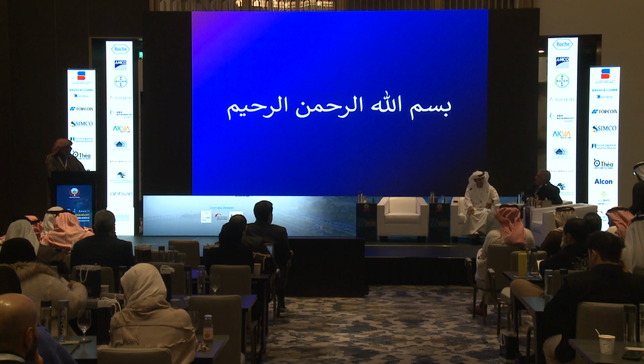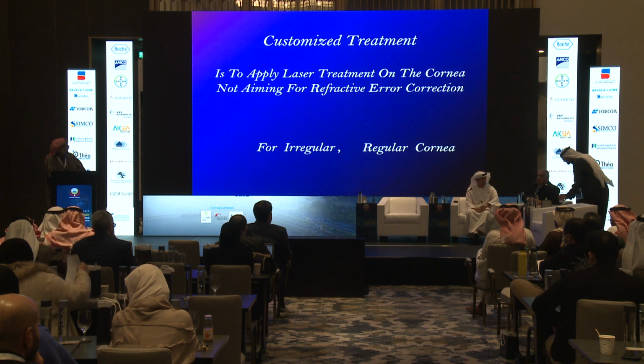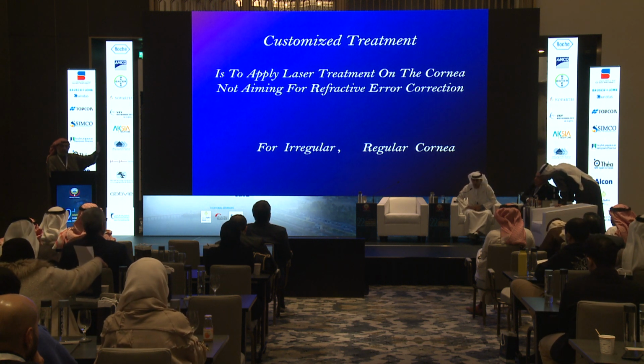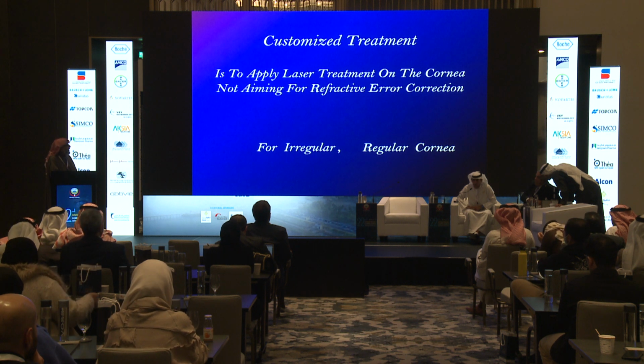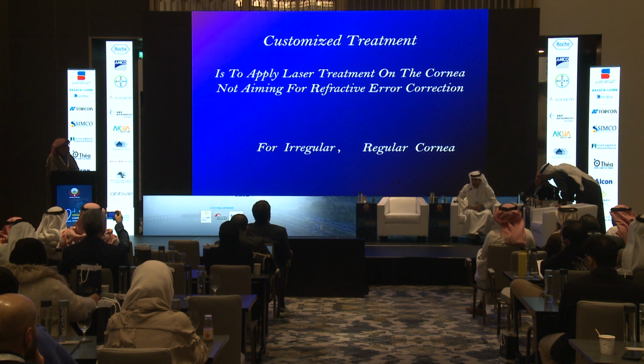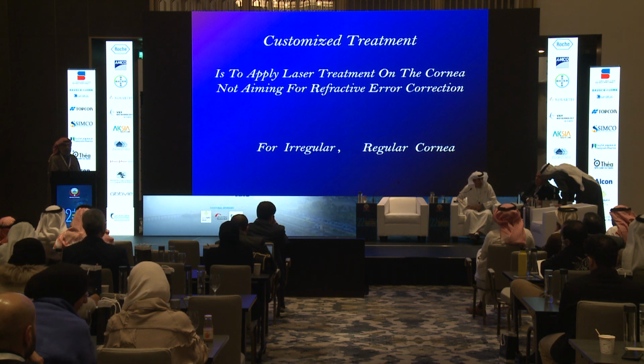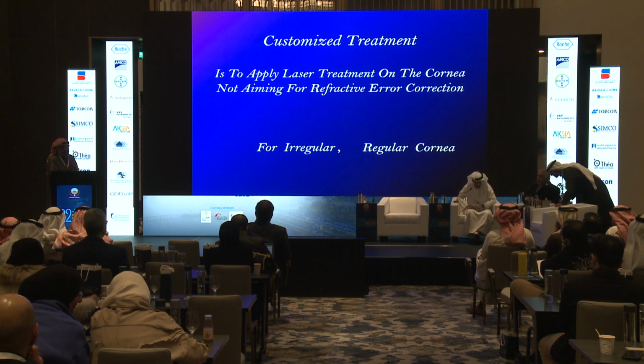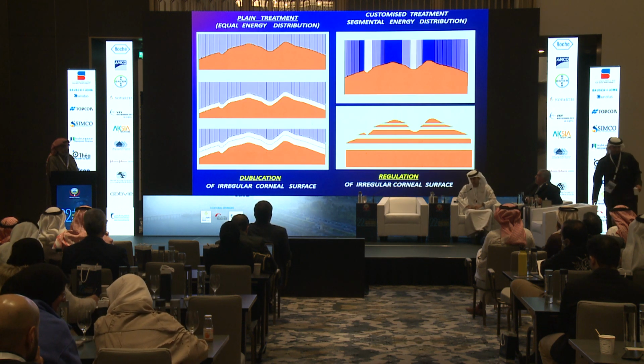Now, Bismillah ar-Rahman ar-Rahim. Customized treatment, and from customized we'll talk about the two types. It is to apply laser treatment on the cornea, not aiming for refractive error correction. It is either for irregular or regular cornea. And why customized?